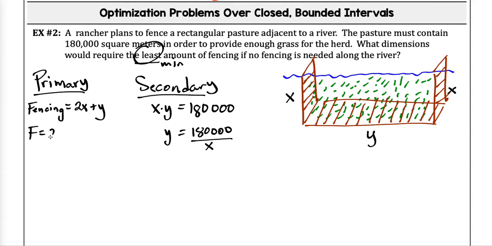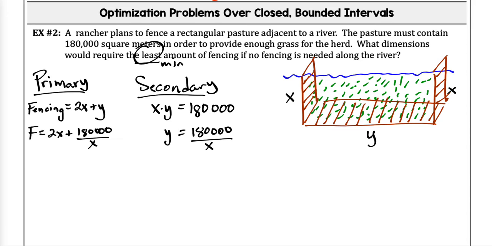So 2x plus 180,000 divided by x. Should we call on somebody else? Do you want to keep going? Okay. I'm leaving it up to you. Either tell me what to do next or tell somebody else to do that.